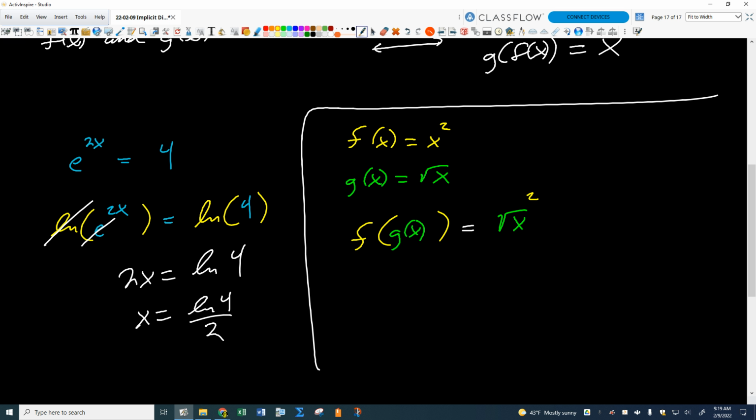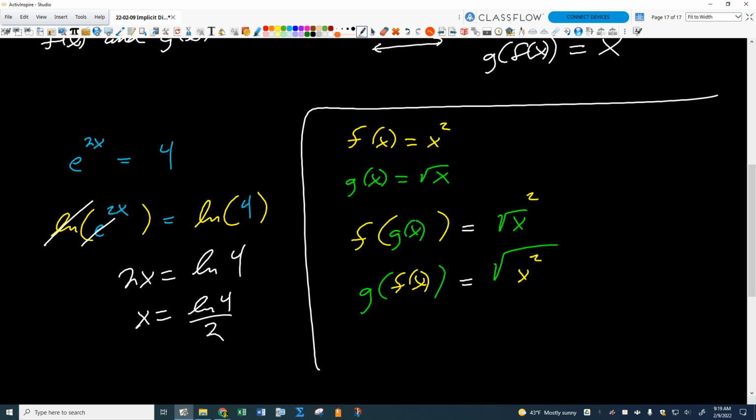Which is equal to, well, you tell me in a second what that's equal to. So let's flip it around. G of f of x is the square root of x squared.